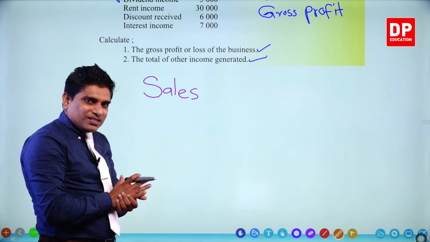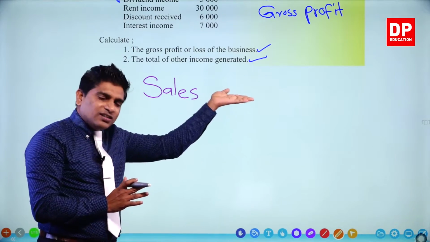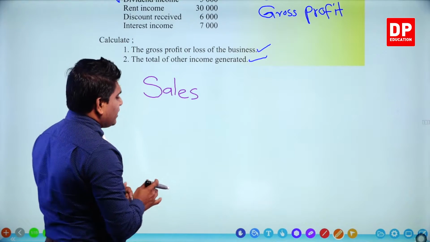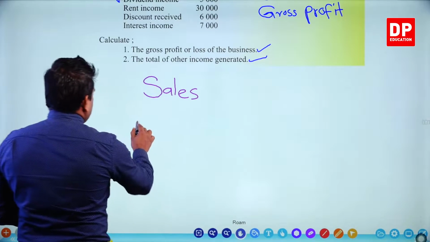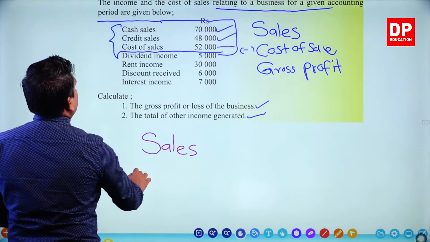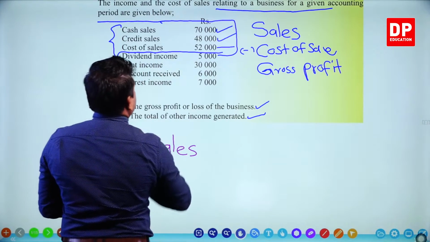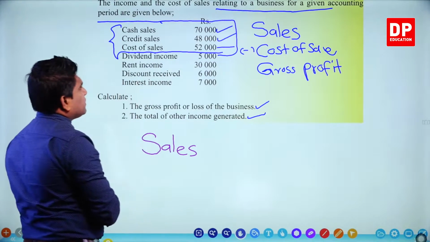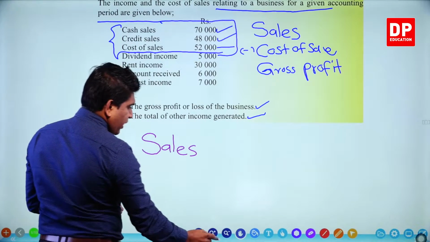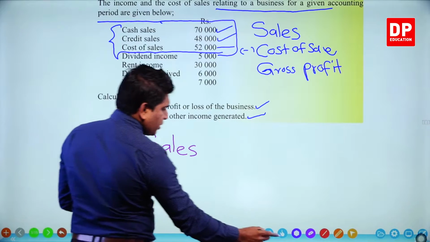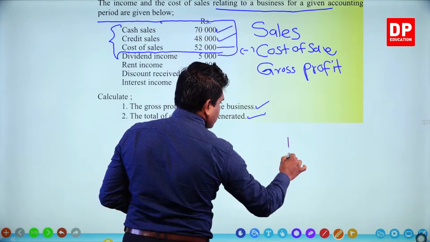I think the best option is, if you can write the total sales at once, it's good, right? Now we'll see how much the total sales is: cash sales 70,000, credit sales 48,000. The total sales is 118,000, right? We write here 118,000 as sales.